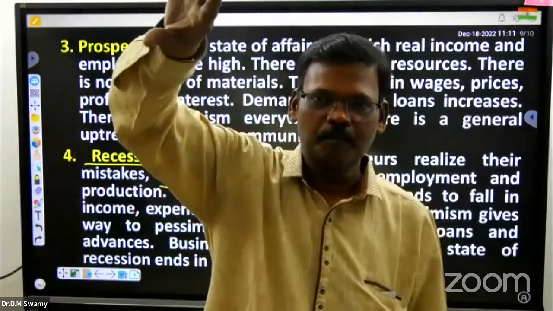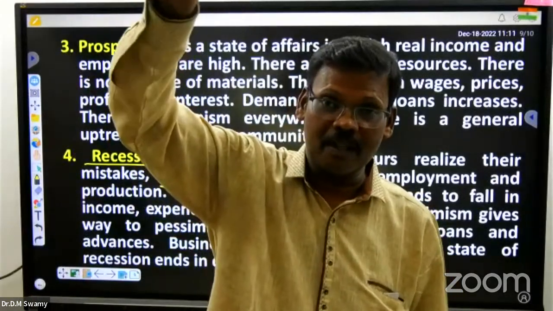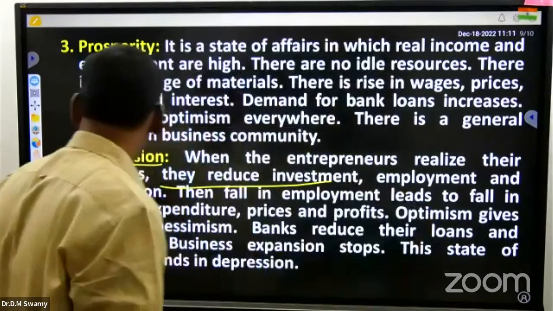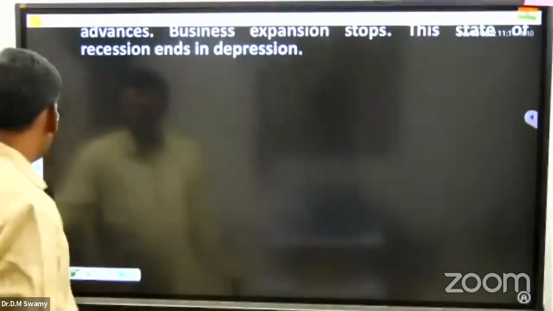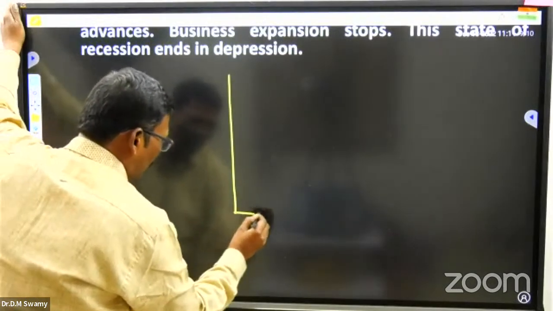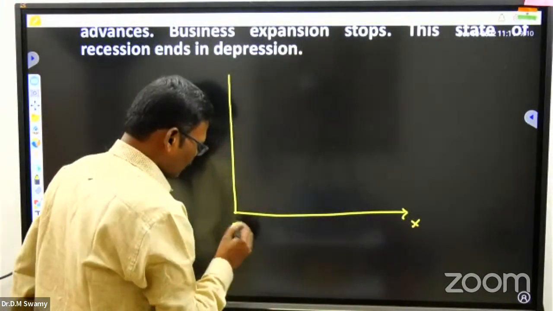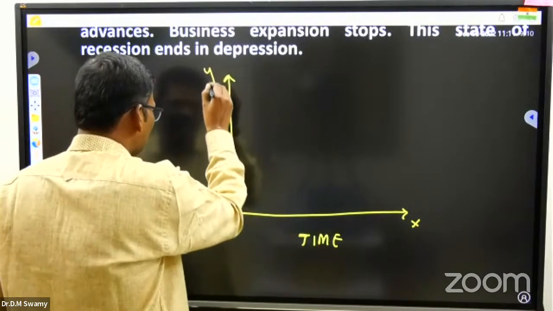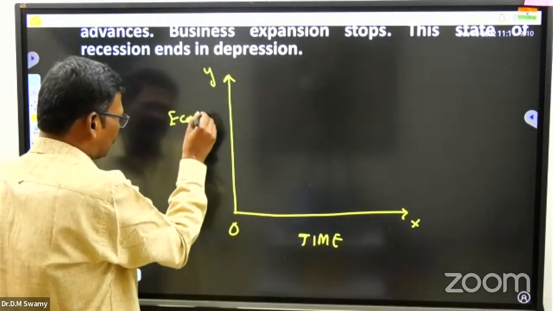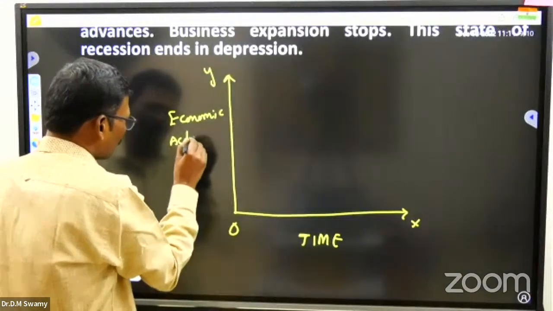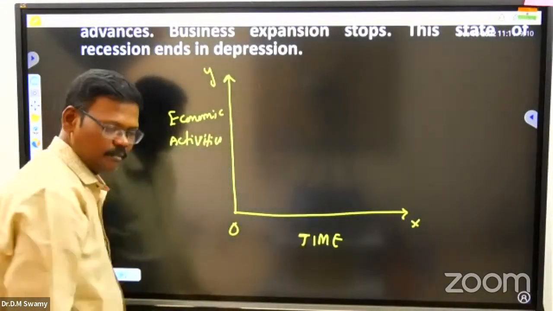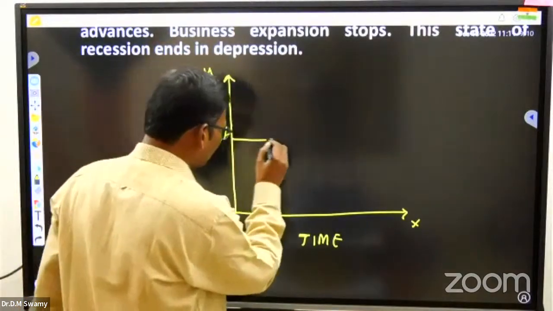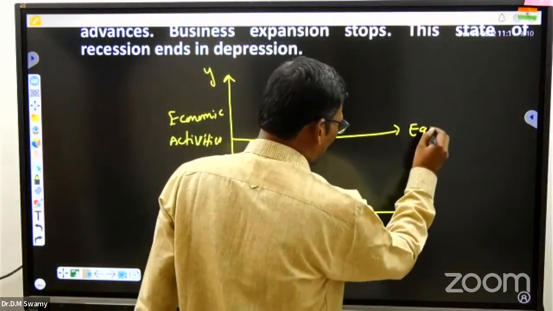Again, depression will start, because after the depression, recovery will start again, and after the recovery, prosperity will start again. If on the OX axis we take time, and on the OY axis we measure economic activity, this condition may be known as the equilibrium condition.